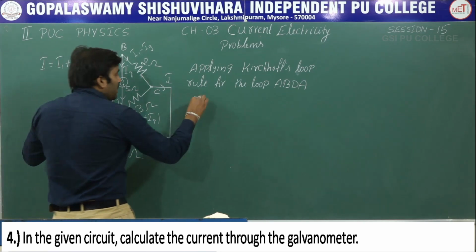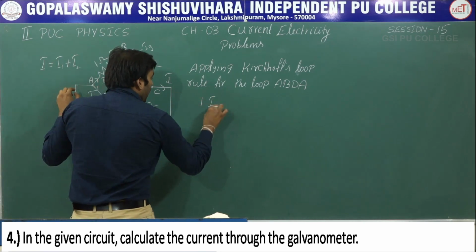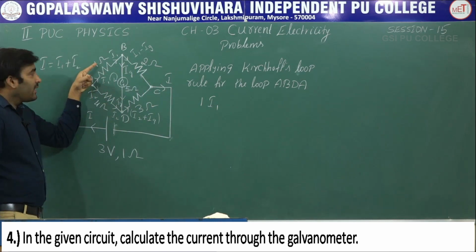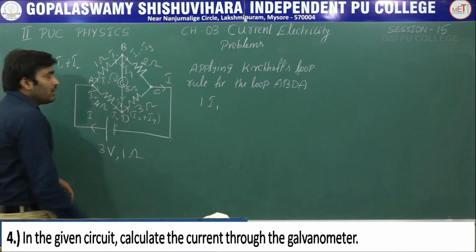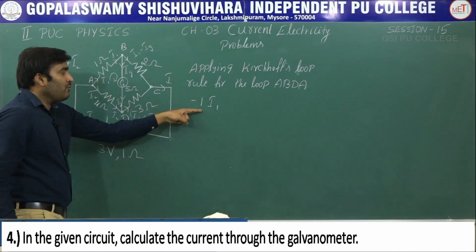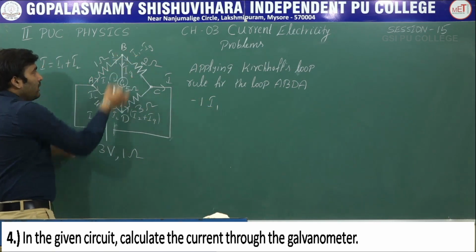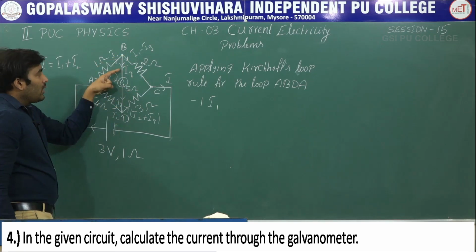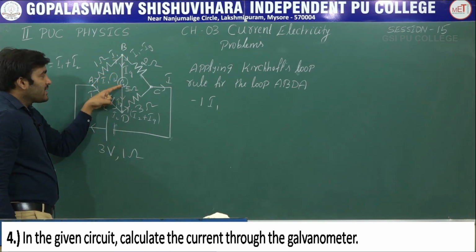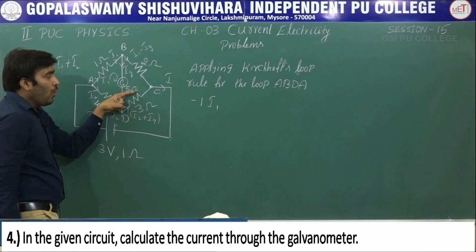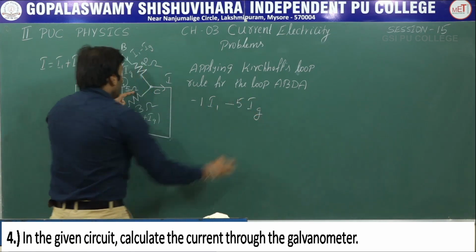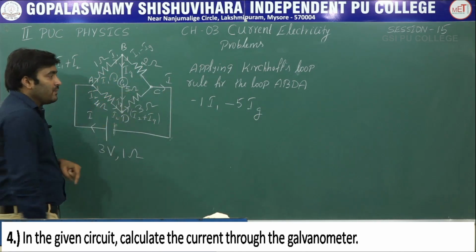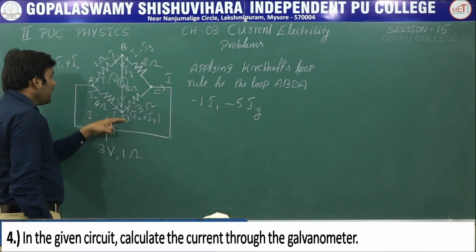So let us multiply that: 1 I1. I am multiplying resistance and current, and the direction of current. As we go along the direction of current, the sign must be negative. So minus of 1 I1. Coming to here, from B to D, current is Ig and resistance of the galvanometer is 5 ohm. So this is minus of 5 Ig.